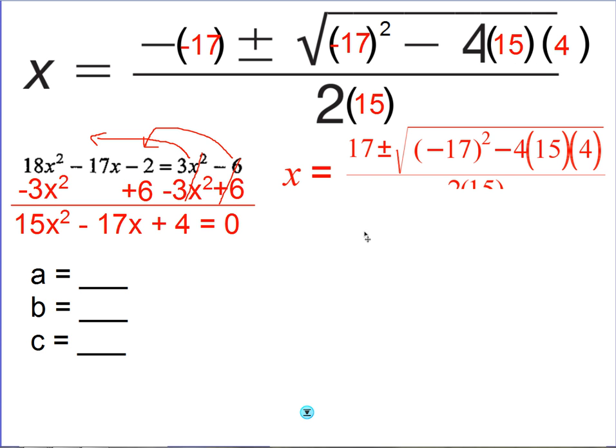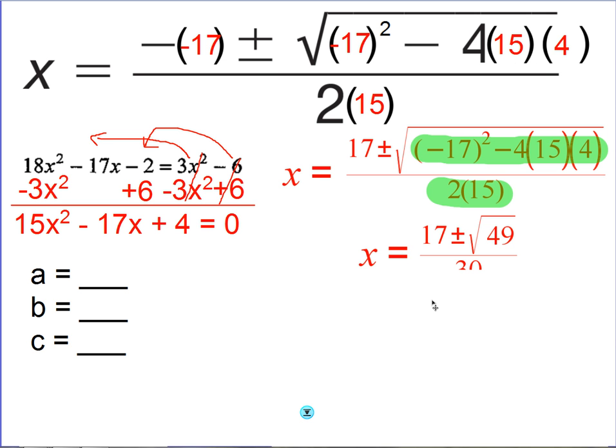Subbing in. We're going to put all of this into our calculator and that separately. You know, actually 2 times 15, I hope you know, is 30 without the calculator. This top, this radical simplifies to 49, and 2 times 15 is 30.